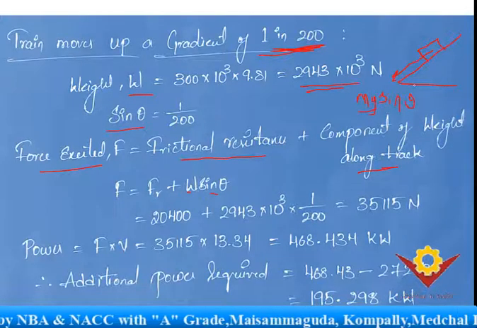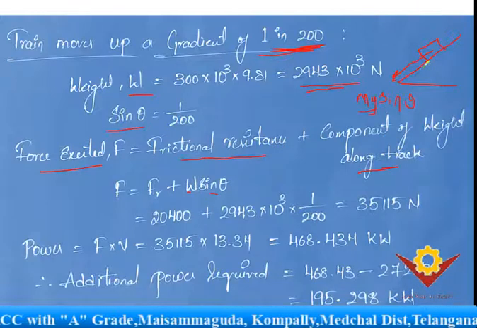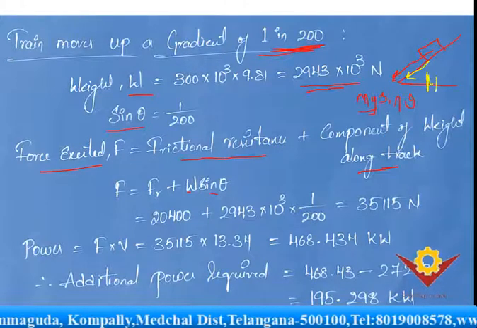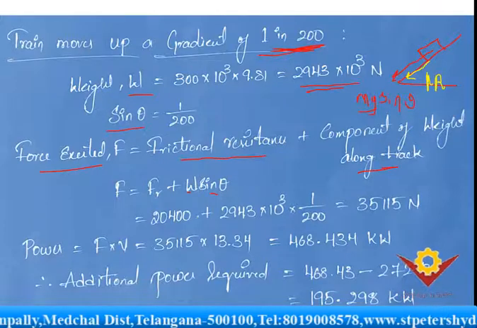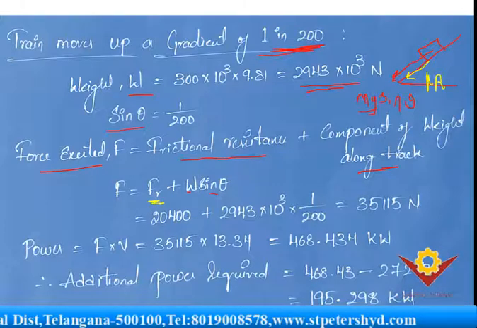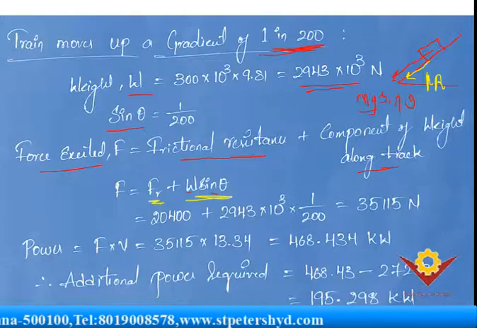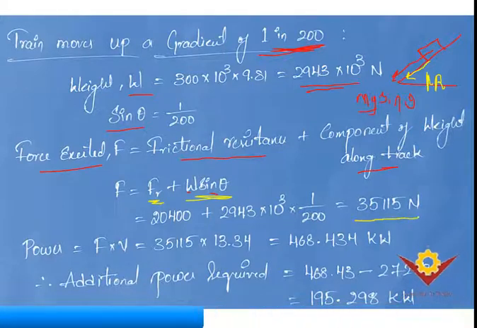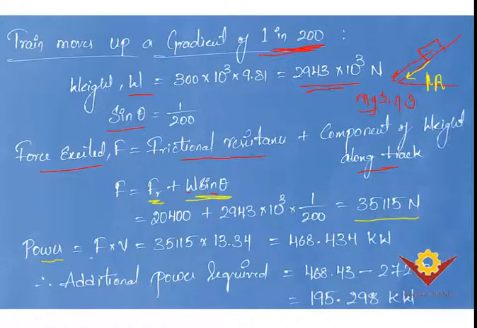Your frictional resistance is also acting in this direction, which is mu R, right? So this is the frictional resistance, and this is the component of the weight along the track. If you substitute those two, you're going to get 35,115 newtons.